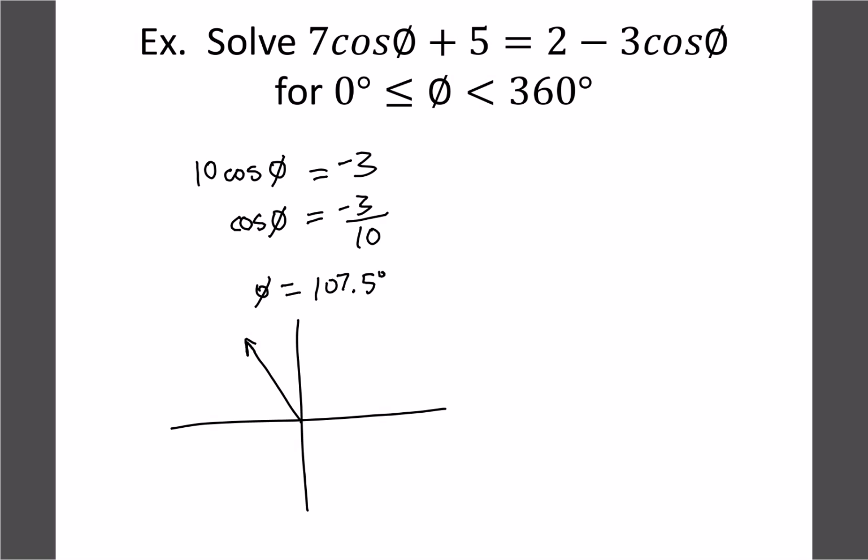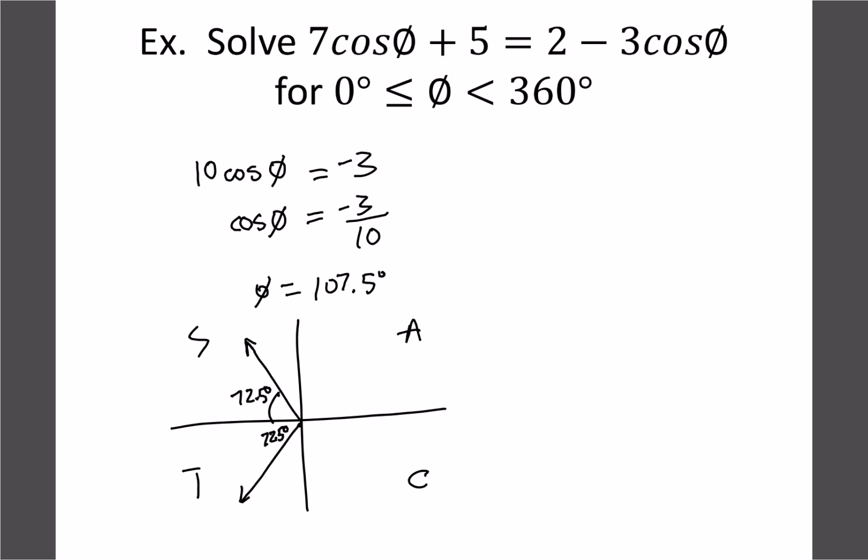And if we go 180 minus 107, that would give us a reference angle of 72.5 degrees. So now we know, so our one solution is 107. We also want to know where else is cos going to be negative. So this was a cos question, but we got negative 3/10. So it would be in that quadrant and in quadrant 3.